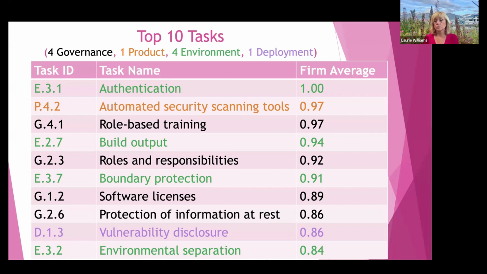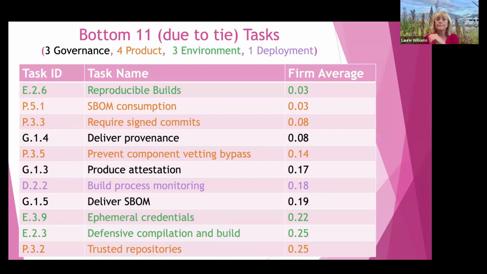The color scheme shows you which group they're in. And then the bottom 11, there was a tie, so I chose 11. The things that are done the least: reproducible builds, SBOM consumption, so when people do anything with their SBOMs, requiring signed commits, delivering provenance information, preventing component vetting bypass.